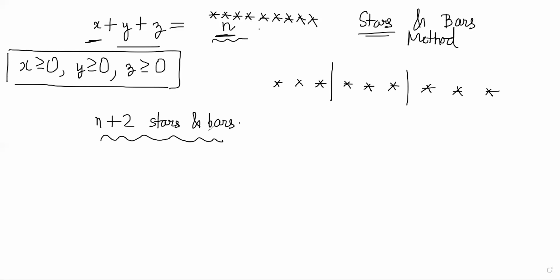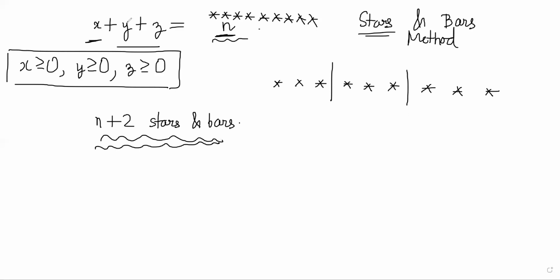And basically, we have to find out the number of ways to arrange this sequence. How many such sequences are possible? Each such arrangement of n plus 2 stars and bars gives you one way in which x, y, and z can be filled.